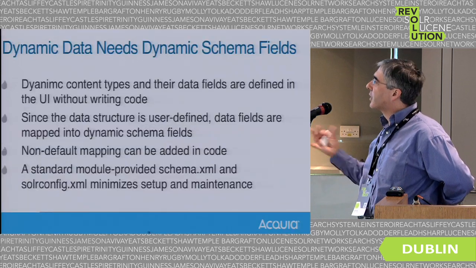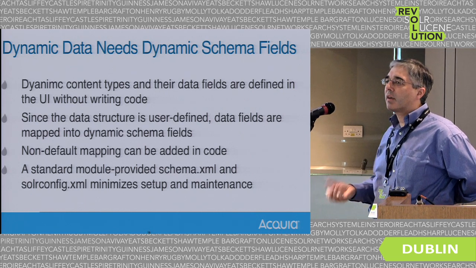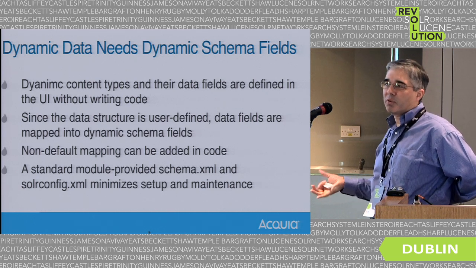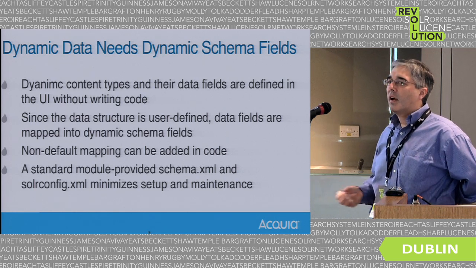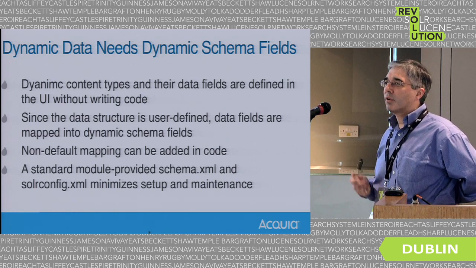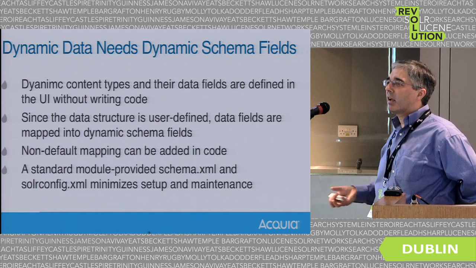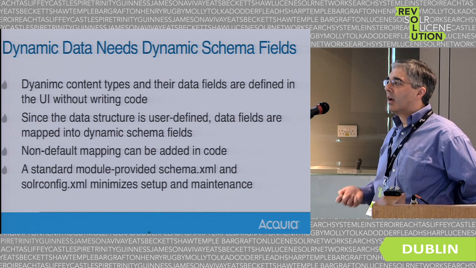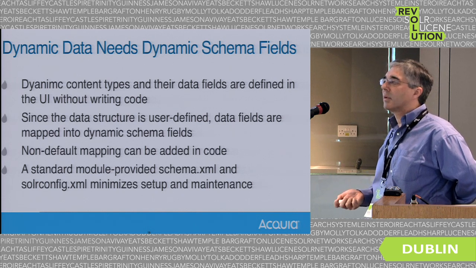Okay, so as I said, we have dynamic data. In order to manage this, we need a lot of dynamic schema fields. If you use Solr a little bit, you may or may not be familiar with dynamic schema fields. This is the approach we've taken. Rather than requiring you, for example, to write out a schema every time you change your content model, we provide a schema that has a lot of dynamic fields predefined, and then we have a mechanism for mapping those content data fields into dynamic schema fields of the right data type.